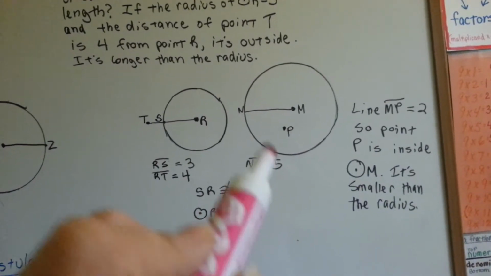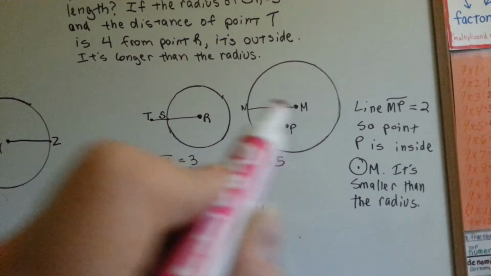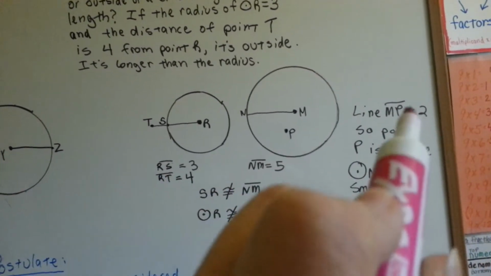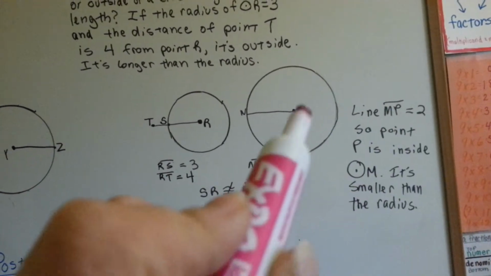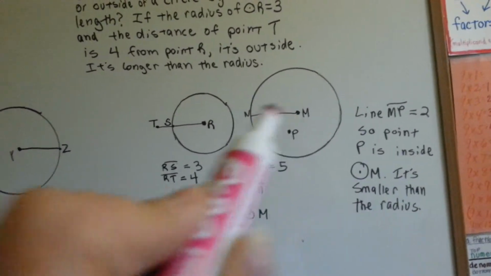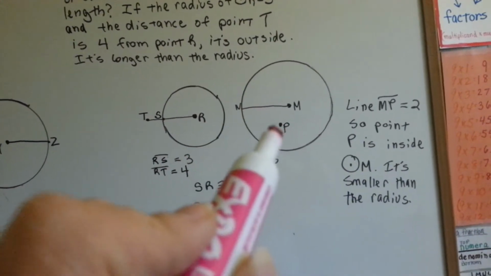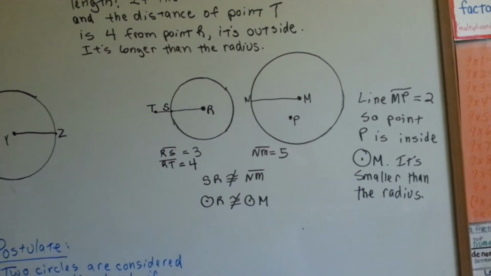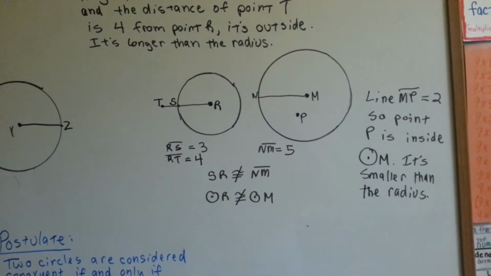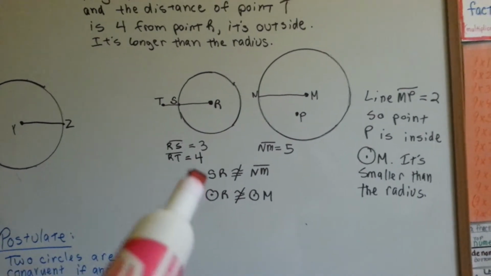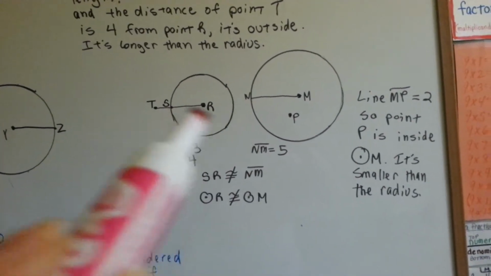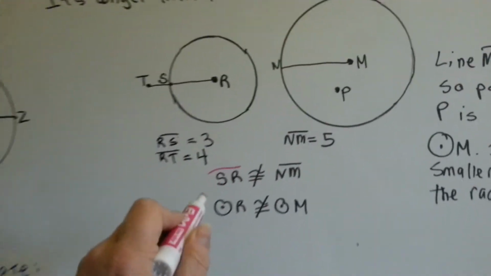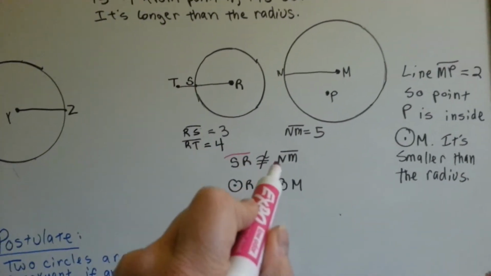If NM is equal to 5, if this radius is 5, and MP is equal to 2, then you know that it's inside the circle because the radius is 5. A point measured at 2 would have to be inside because it's less than the radius. So you could say that line SR is not congruent to NM.